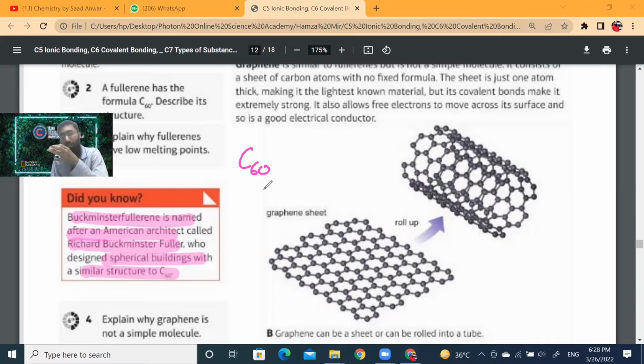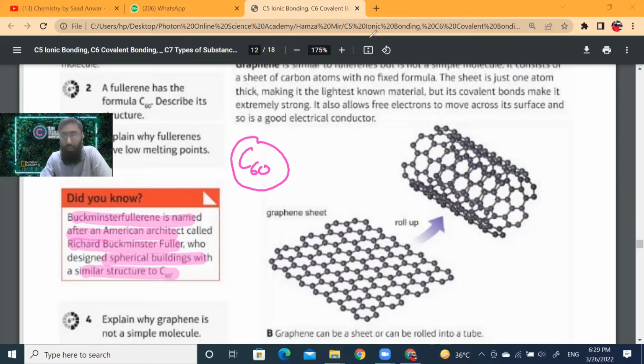The structure of the building is similar to a spherical, football-shaped structure, just like carbon C60 has. The scientists who discovered the carbon C60 structure named it after this American architect, Buckminster.